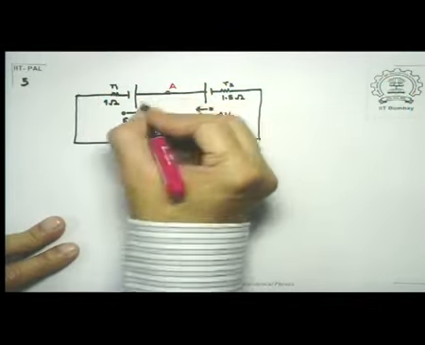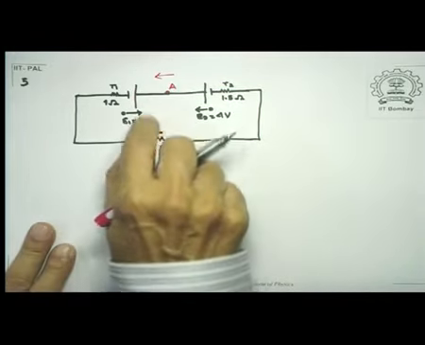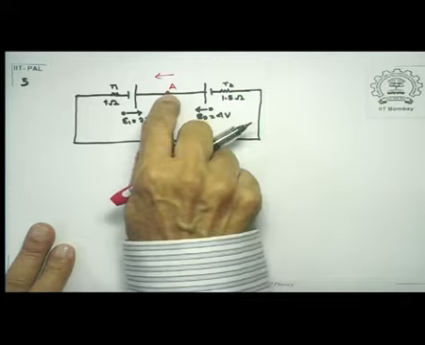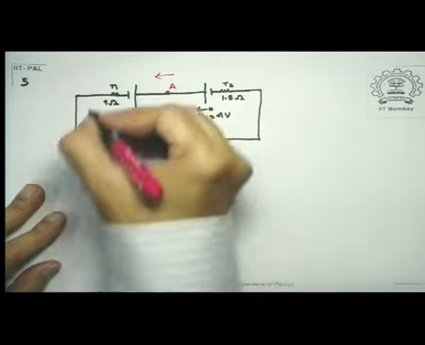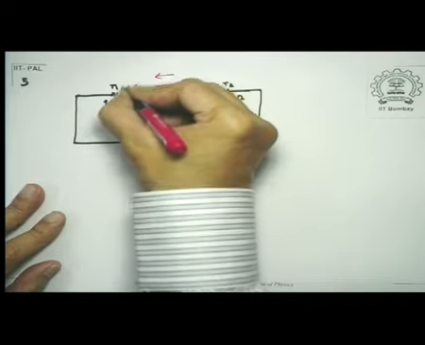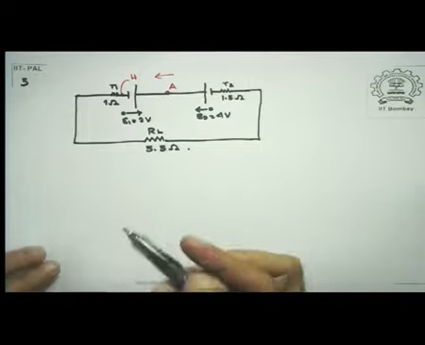If I am going in the direction of current like this, and I am going from this point A, and let us suppose there is a point which I mark as H, then I will do the following calculation.